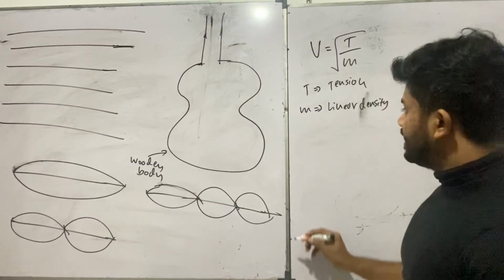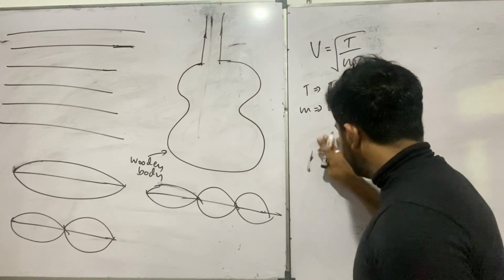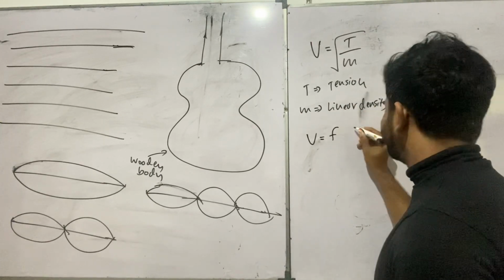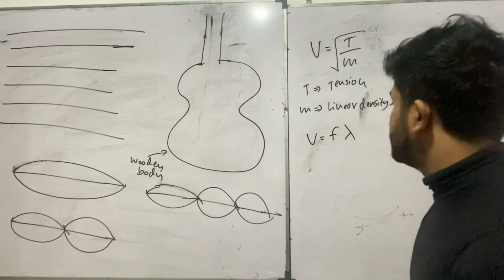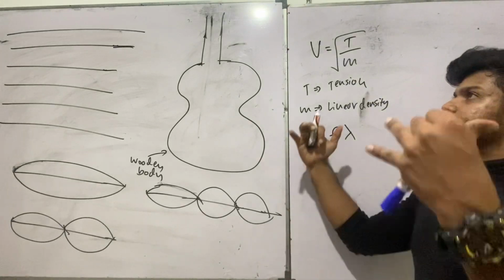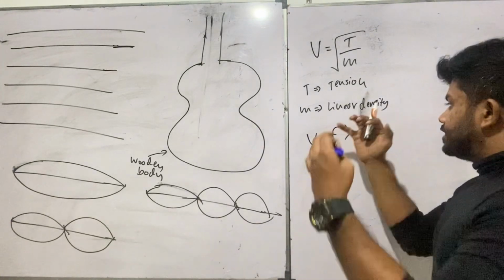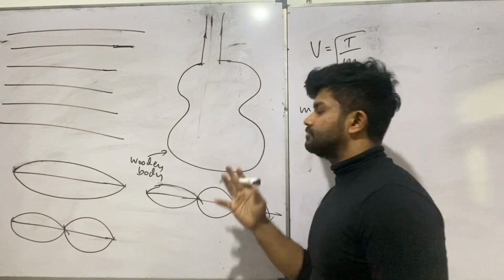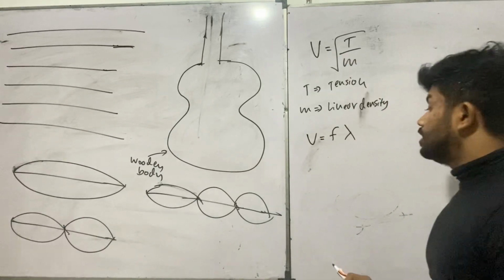Now we all know this wave equation, a very fundamental but very famous equation: v equals f lambda. v stands for the speed of the wave, f stands for the frequency, and lambda stands for the wavelength.